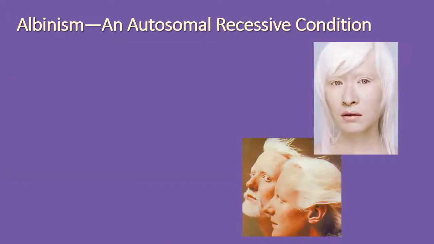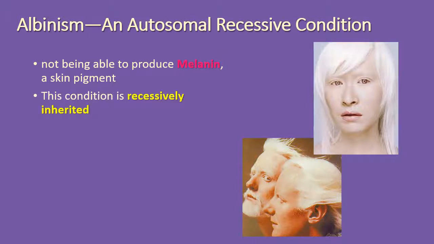All right, the first kind of trait we're going to talk about is an autosomal recessive condition, and albinism is a good example. For whatever reason, these people have a loss of function of the genes that code for the protein for the production of melanin, which is a skin pigment. So they don't have any pigment in their skin. They're very pale, they have no color to their hair, and sometimes their eyes are red or very light blue.